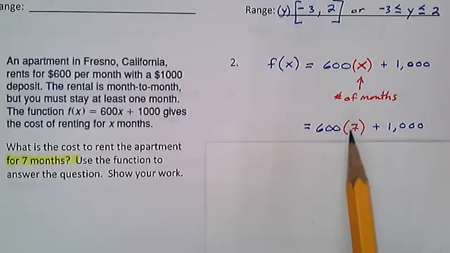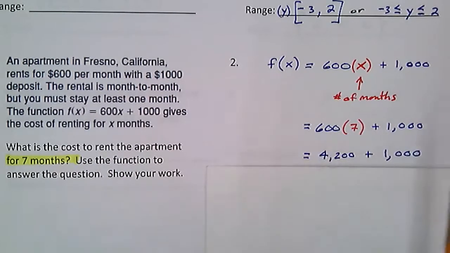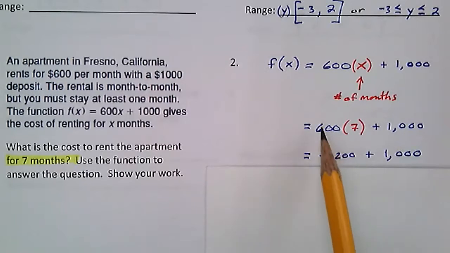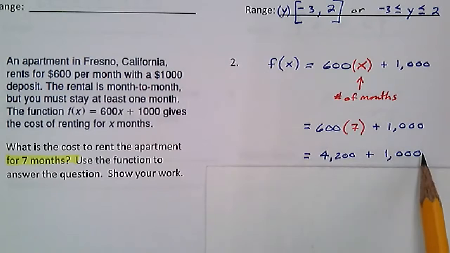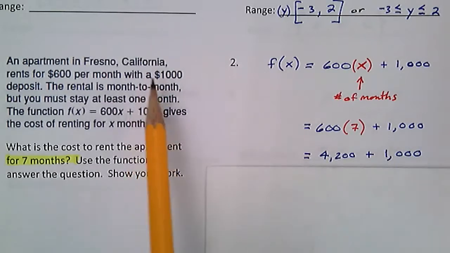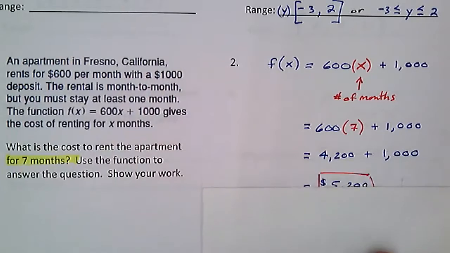So I'm going to do 600 times 7, and that's going to come to 4,200, right? 6 times 7 is 42, and then put the 2 zeros on the end. 4,200 plus 1,000, right? $1,000 deposit. You've got to pay that, and so that's going to come to 5,200.